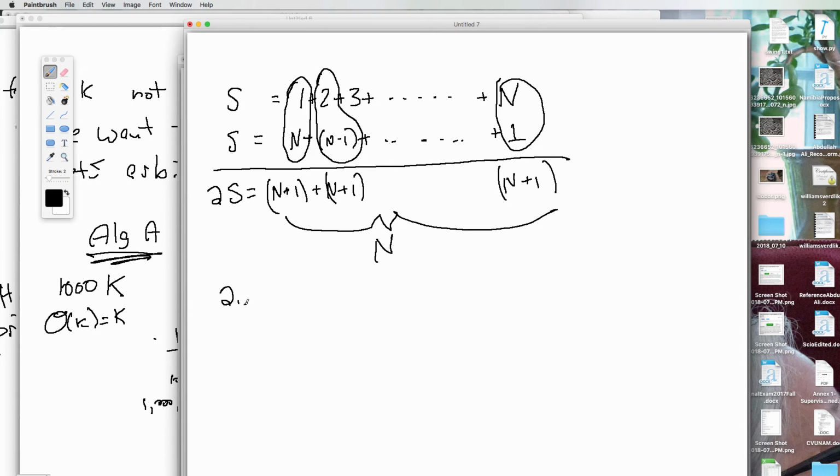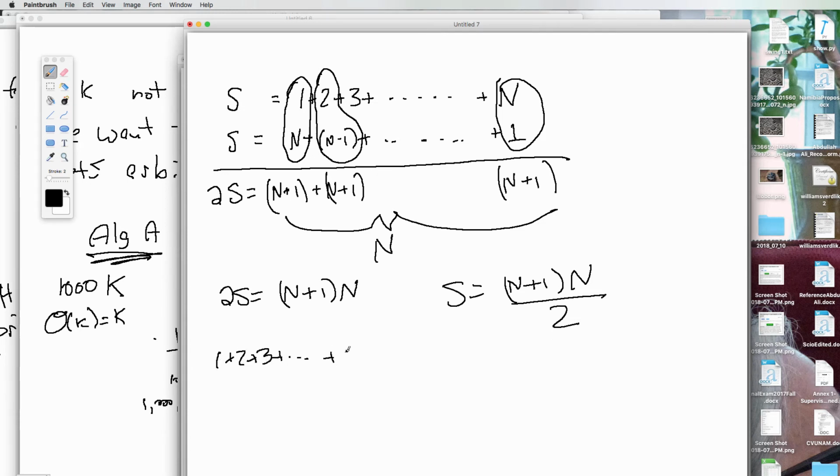So I get 2s is equal to n plus 1 times n, and s is equal to n plus 1 times n over 2. How cool is that? So if I want to know how much is 1 plus 2 plus 3 plus all the way up to 10, by this formula over here, that's equal to 11 times 10 over 2, which is equal to 55. How cool is that?